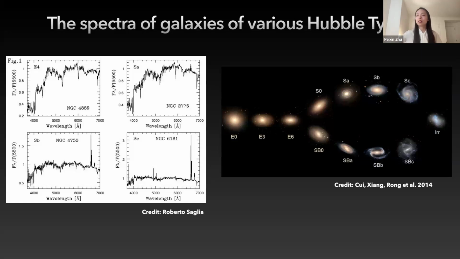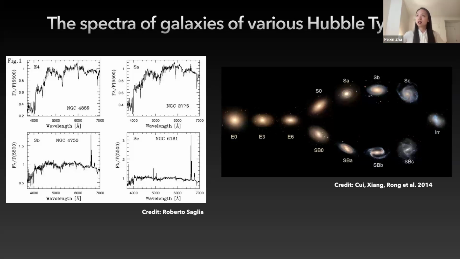So when you see these distinct shapes in the galaxy spectra, you're actually seeing something more fundamental governing this difference. That's what astronomers want to learn. What is causing this difference? And let's recall what the stellar spectrum looks like. It has a black body continuum plus some absorption lines, right?